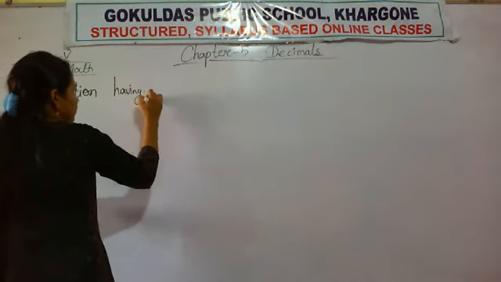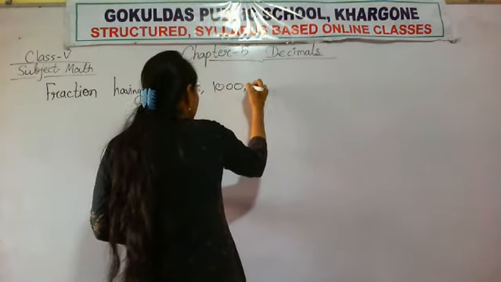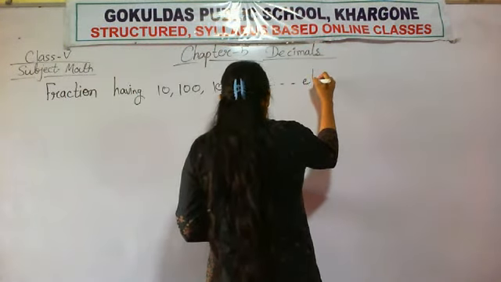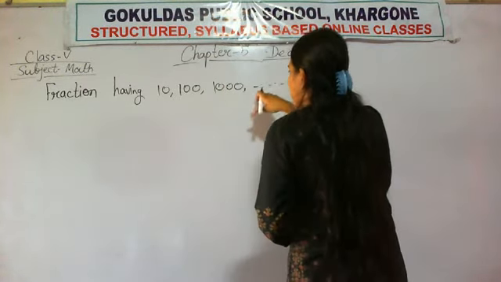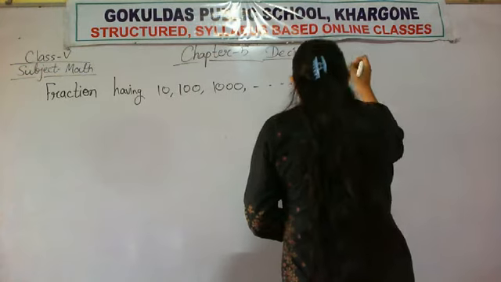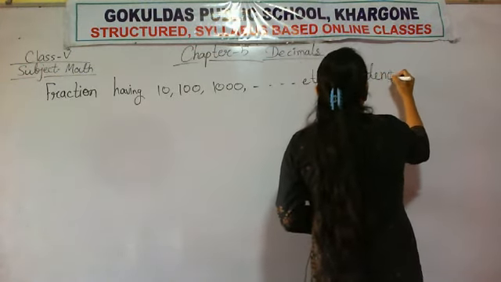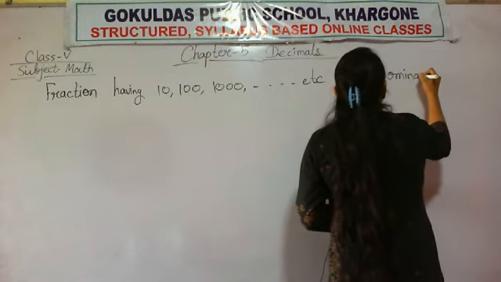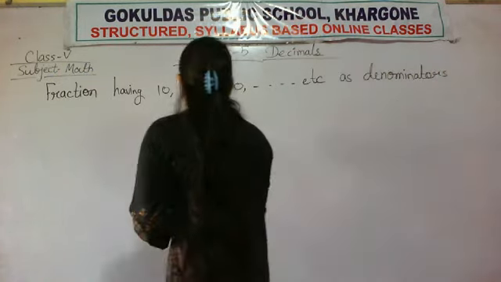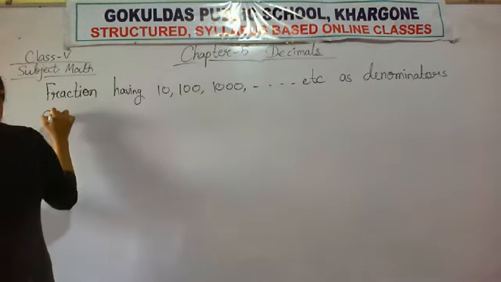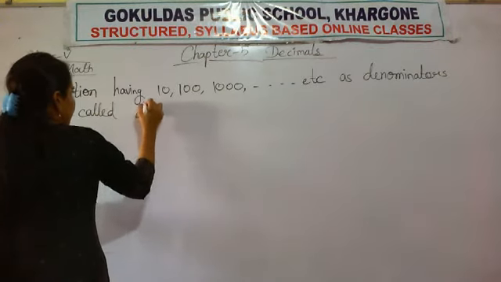Fractions having 10, 100, 1000, 10,000, 1 lakh, etc. as denominators are called decimal fractions.